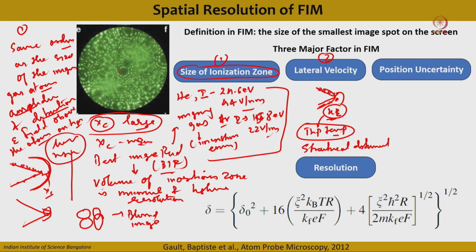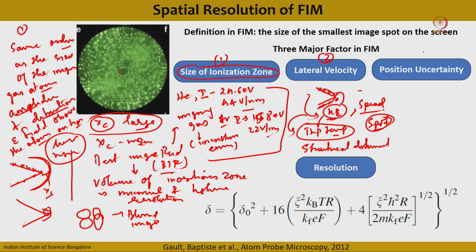Since these trajectory aberrations are induced, this will induce a spread on the ion impact on the phosphor screen. So that's why we don't see a point, we see a spot, which is literally a spread contributed by the size of the ionization zone and also the lateral velocity. Okay, so this is the importance of the lateral velocity, which directly depends upon the kinetic energy, and this kinetic energy is directly related to your tip temperature.